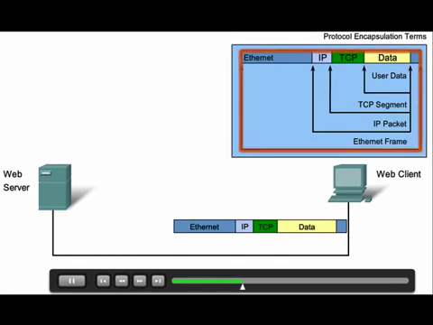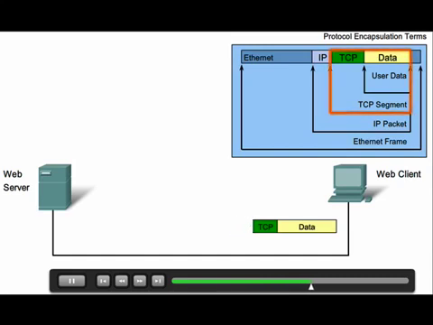The data is decapsulated at each layer as it moves up the stack toward the end-user application, ultimately resulting in the application displaying the information, which in this case is a web page. The encapsulation and decapsulation processes are important to know because they form the basis for how all data is sent and received on a network.